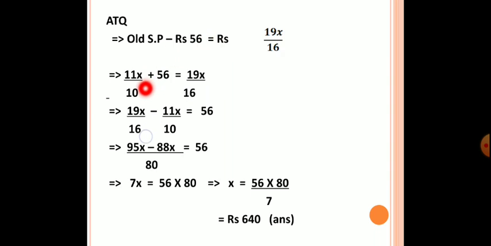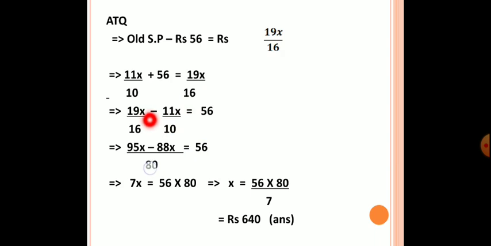The old selling price was 11x by 10, minus 56. By mistake, again I have written it as plus 56. This is minus 56, equals 19x by 16.